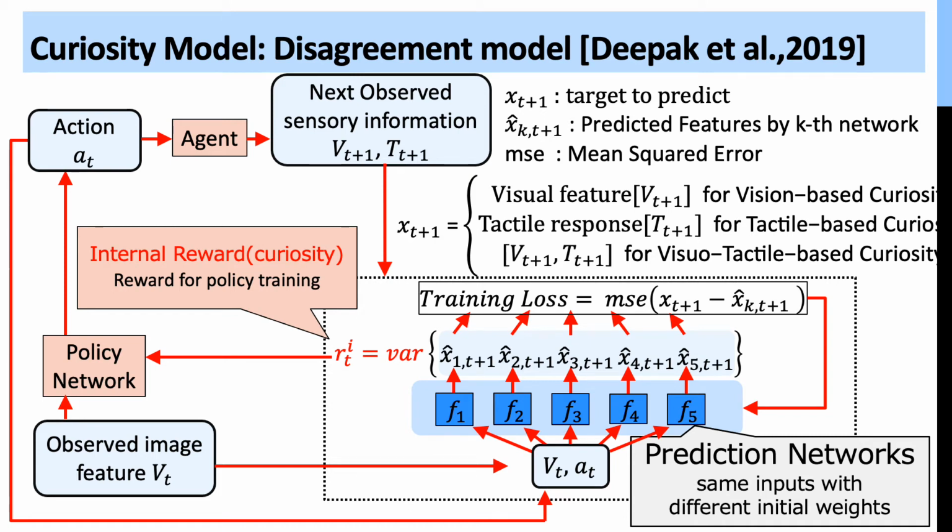By the model, the prediction target is regarded as a curious target. In our experiment, the input is visual information and action. We change the output to compare different curious sensations.